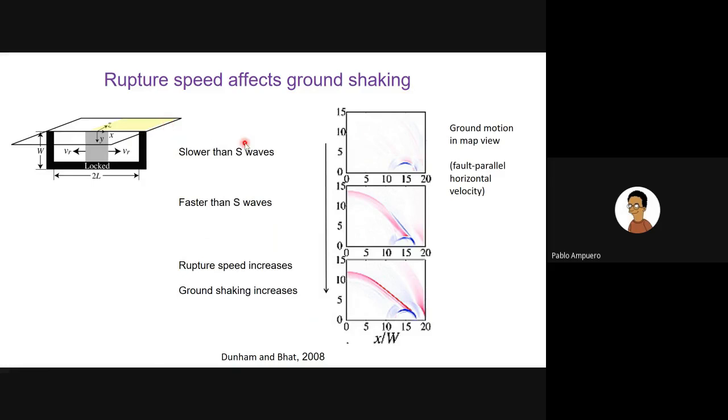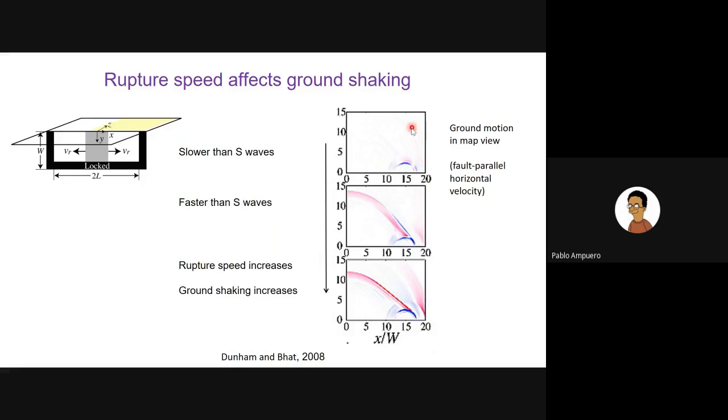And we'll consider 3 different scenarios. So here are the 3 map views of ground motion. The first scenario is a rupture that's propagating slower than the S waves. And the other 2 scenarios are ruptures that are propagating faster than S waves.